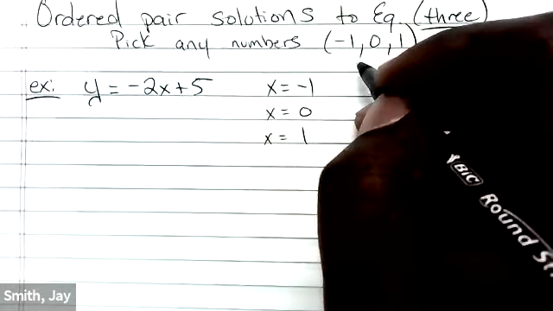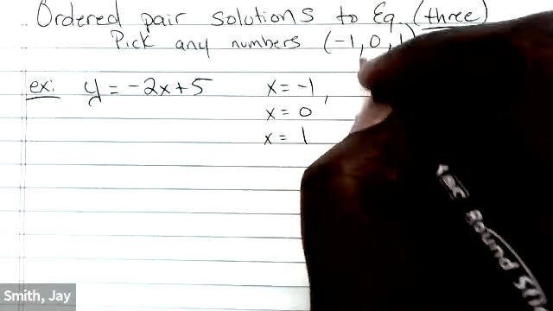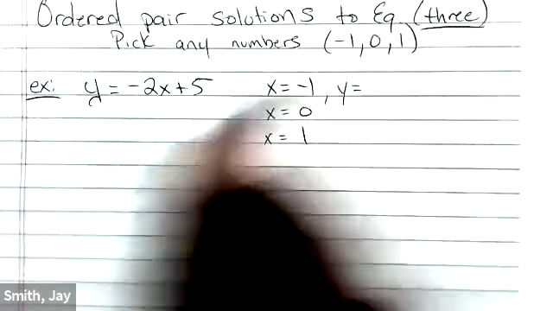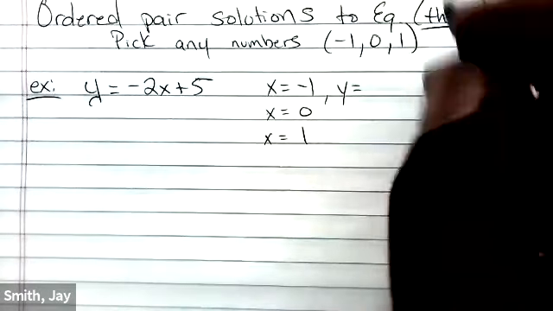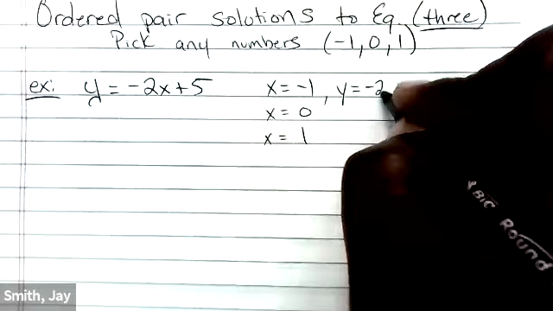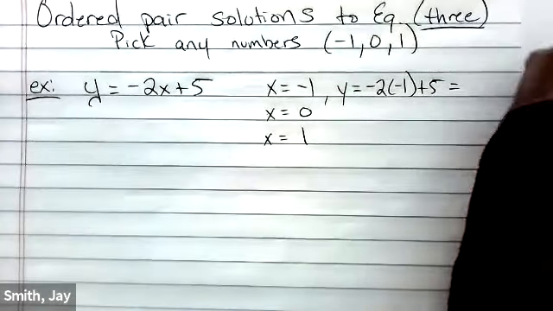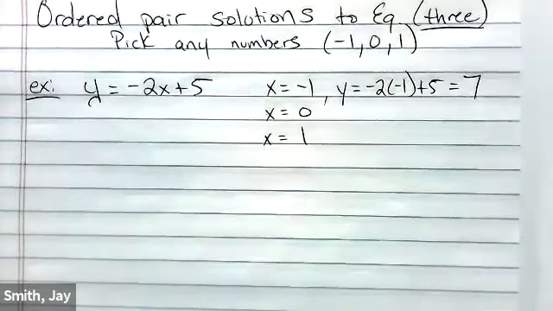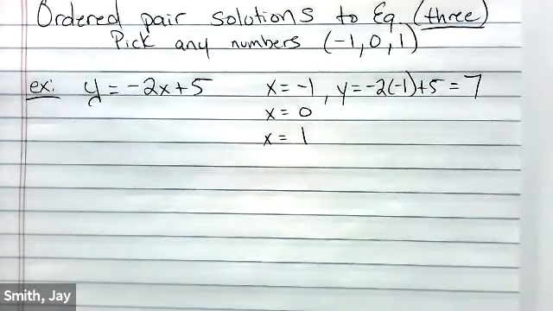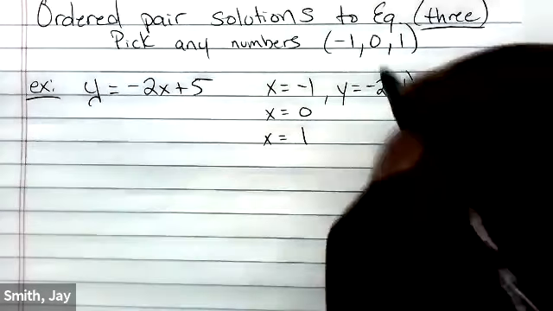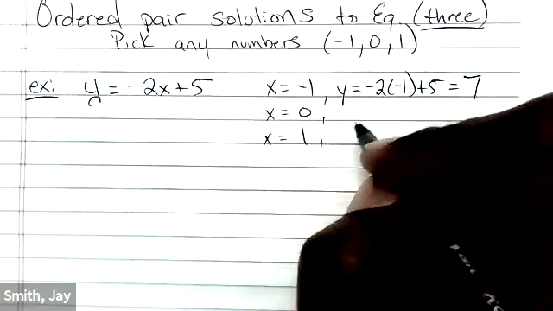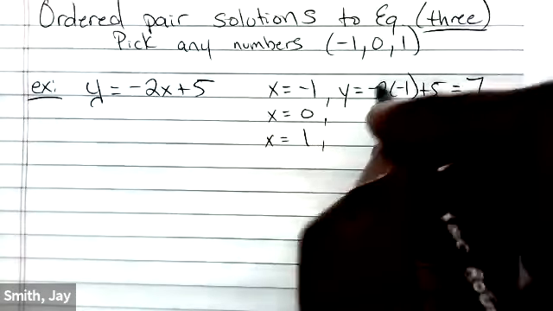So for the first point, we're going to replace every X in the equation given with a -1. So in this case, it would be -2 times -1 plus 5, or we end up with a +7. We do the same thing for 0 and +1.